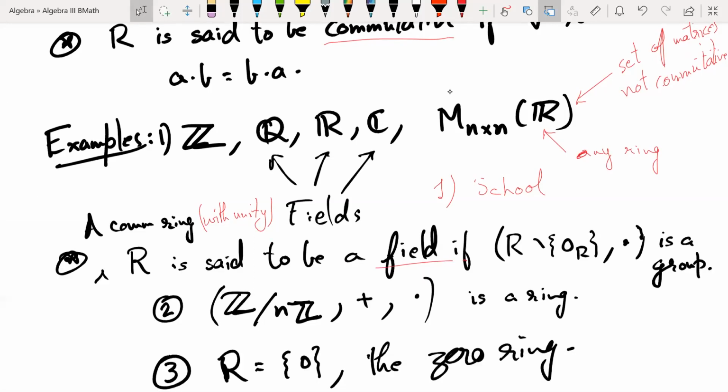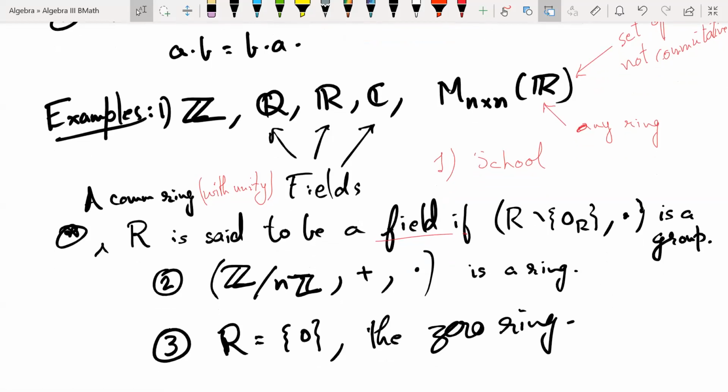Of course Z mod n Z with plus is a group, which you must have seen in your group theory class. Multiplication you may not have done, but if you multiply two numbers and compute it mod n, that lands in Z mod n Z. So dot is indeed a binary operator, and this makes it into a ring. One can just verify all the axioms of ring theory.